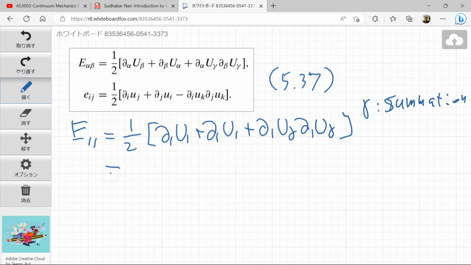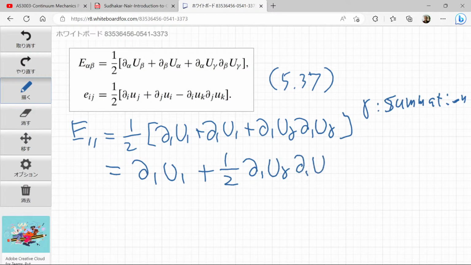So then this is partial 1 U1 plus 1/2 partial 1 U gamma partial 1 U gamma.